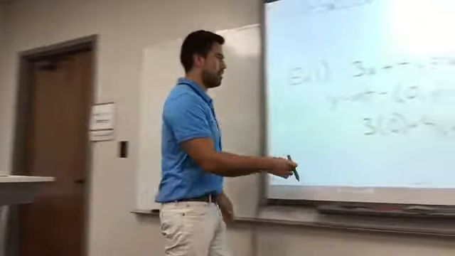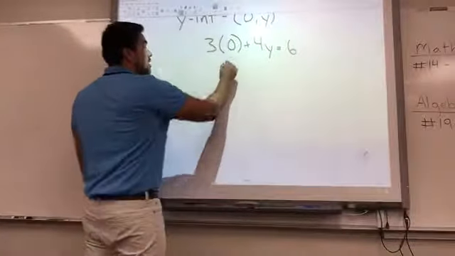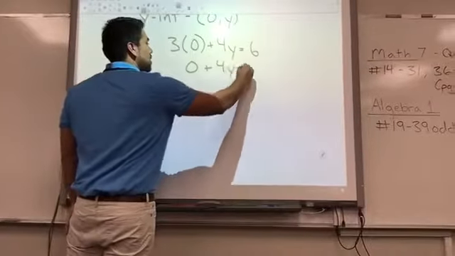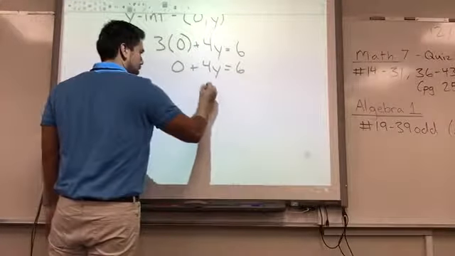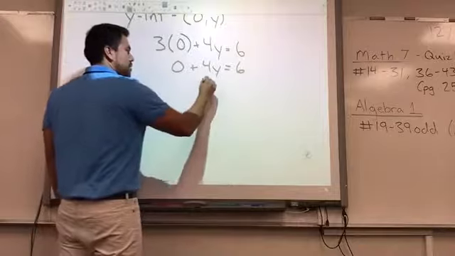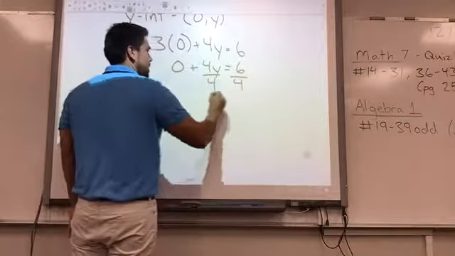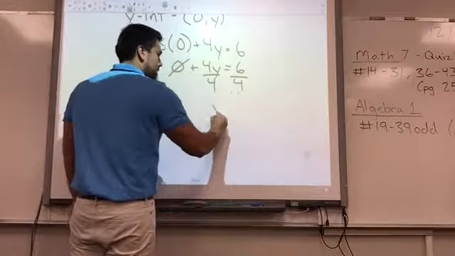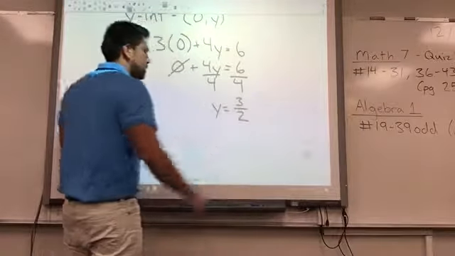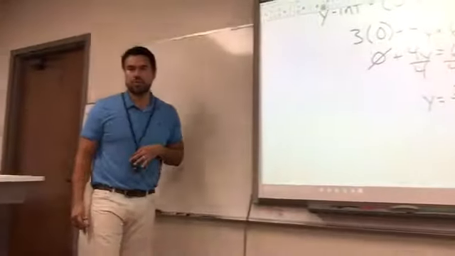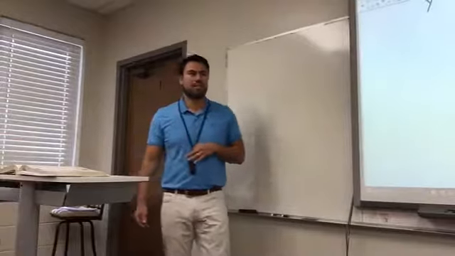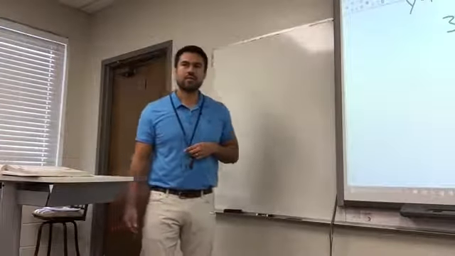Well, let's figure it out. I'll just skip that step there because it canceled out. Let me get y equals 3 halves when you solve it. Did you guys get y equals 3 halves?